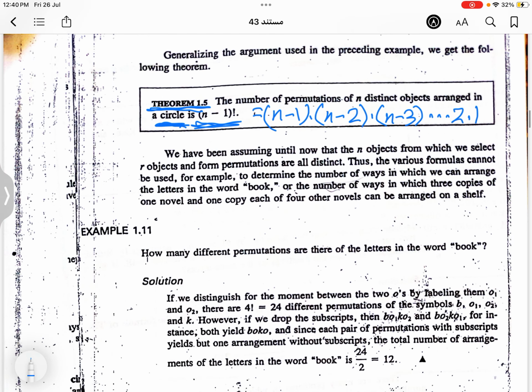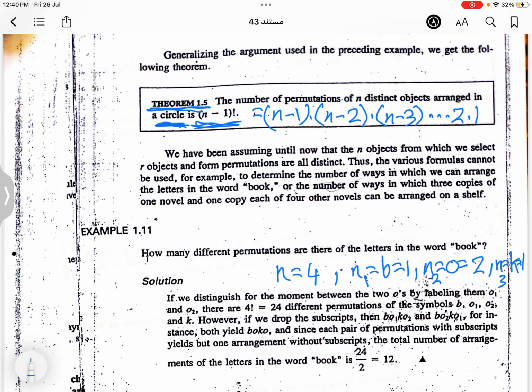Here you will have the word book. How many different permutations are there of the letters in the word book? You have 4 letters, n equals 4, but you have n1 letter B 1, n2 letter O 2, n3 letter K 1.